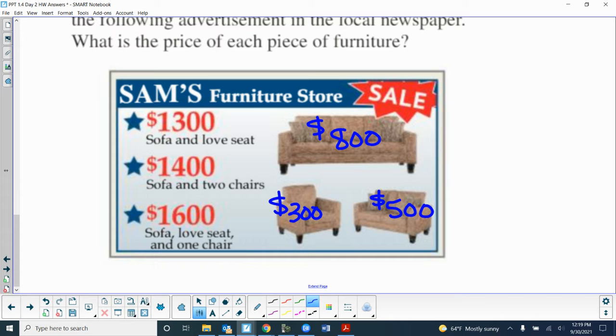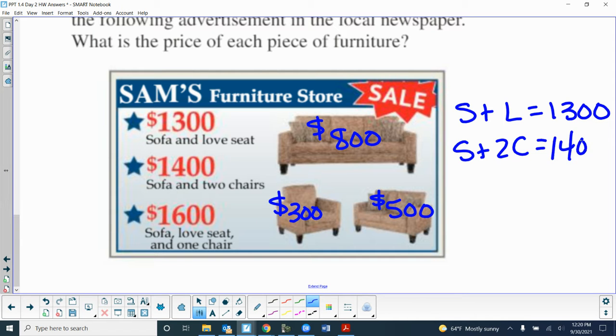Okay, so this one would be S plus L equals 1,300, right? Yeah, I'll put a plus 0 there. Okay, plus 0 is fine. And then this would be S plus 2C is 1,400, right? And then this would be S plus L plus C, 1,600, right?